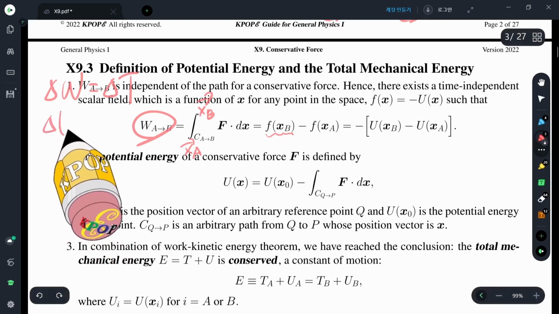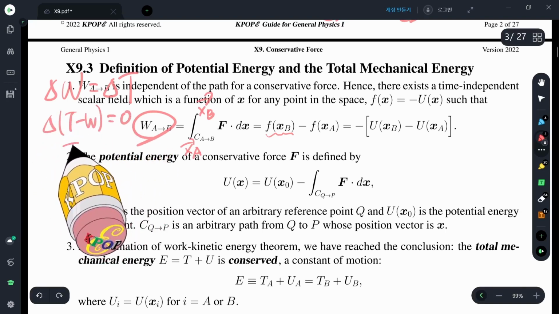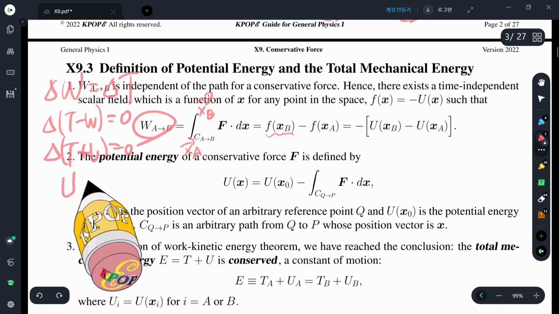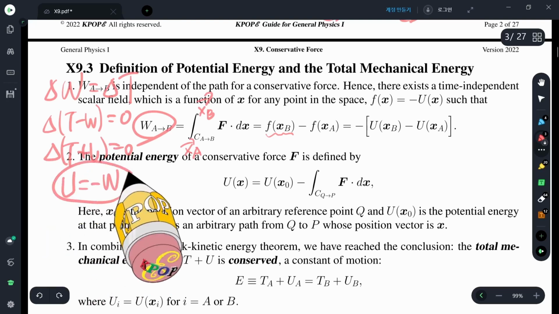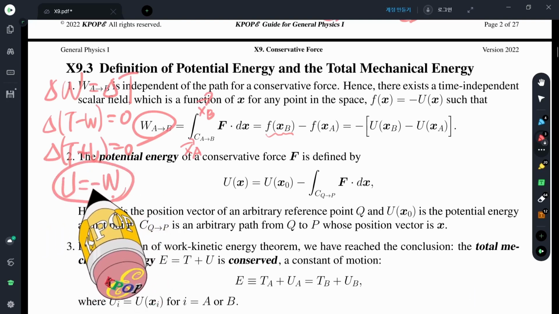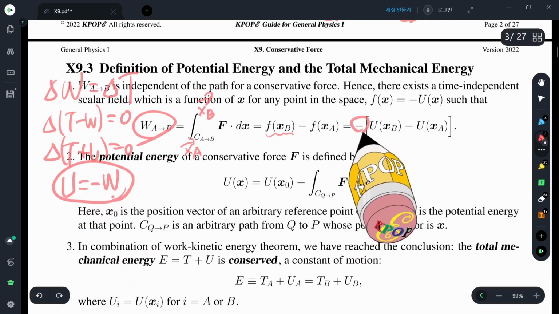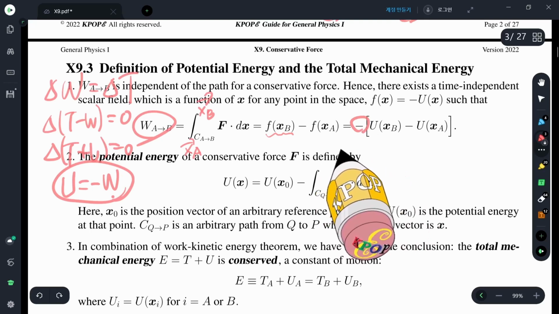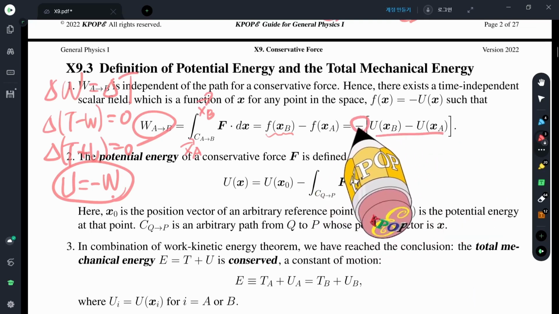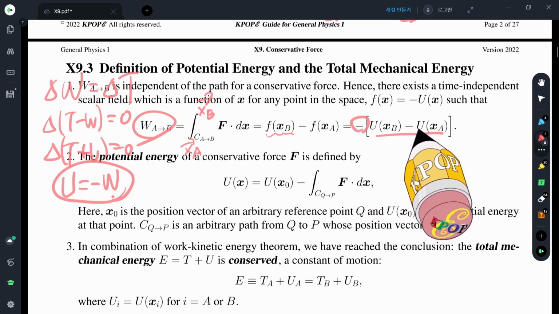However, T plus U is conserved if we set U equal to minus W, right? So we have to flip the sign relative to the work. So flip the sign, then it becomes a negative sign of the difference of the potential energy.